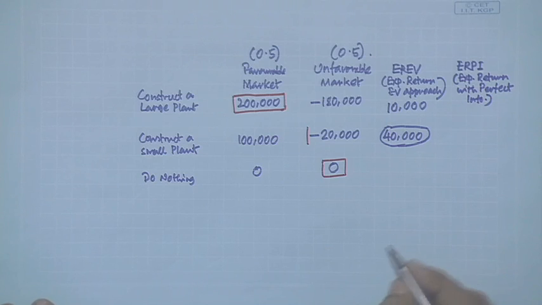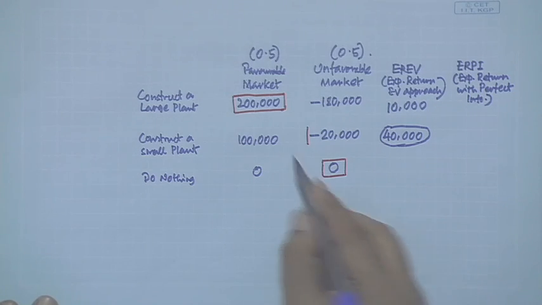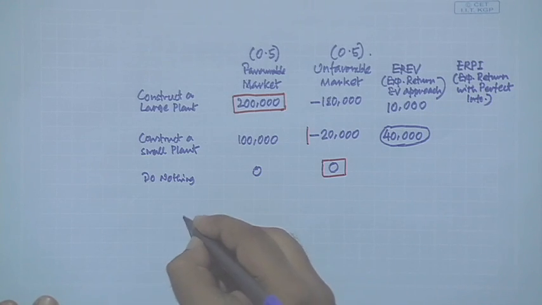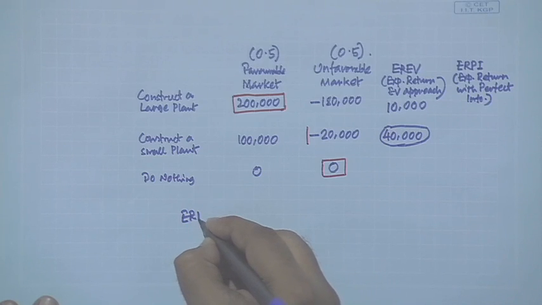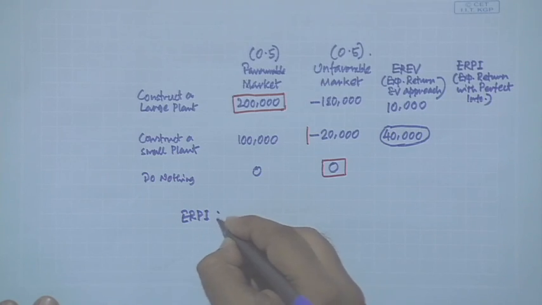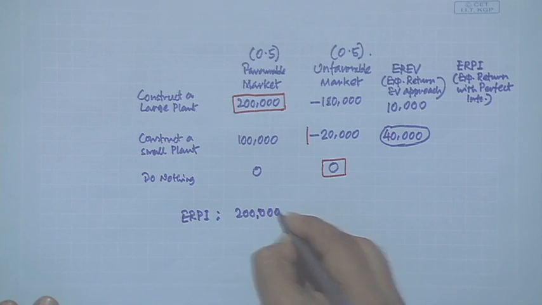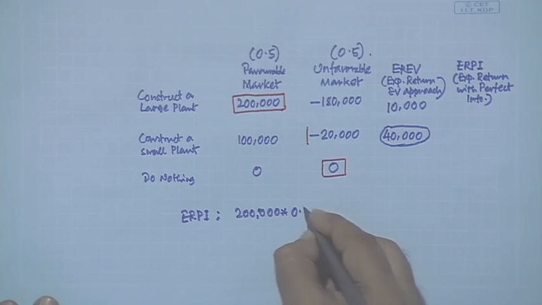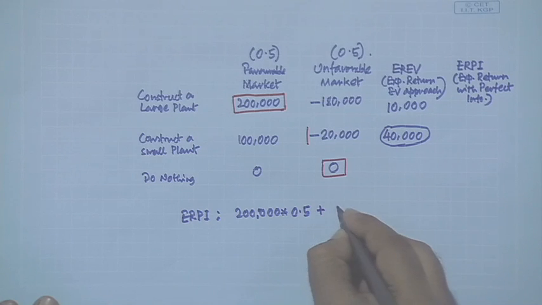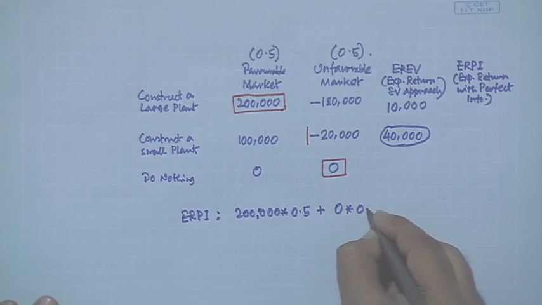That would be something which will be dependent on both these values, and that would have been the 200,000. So, ERPI would have been 200,000 multiplied by 0.5 plus 0 multiplied by 0.5.